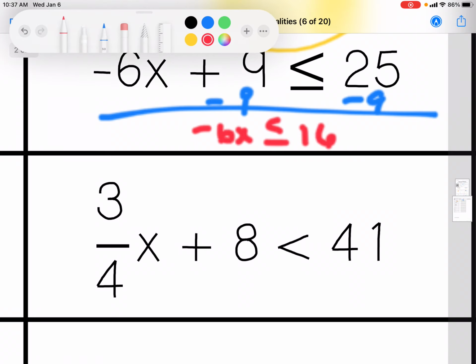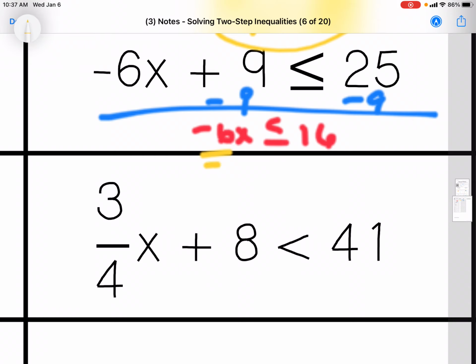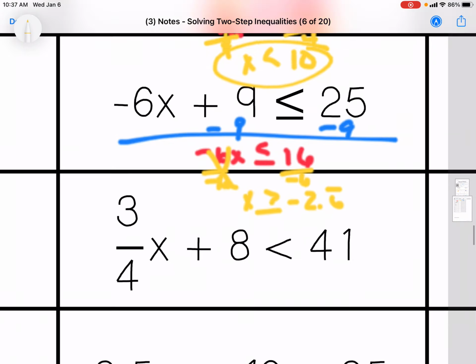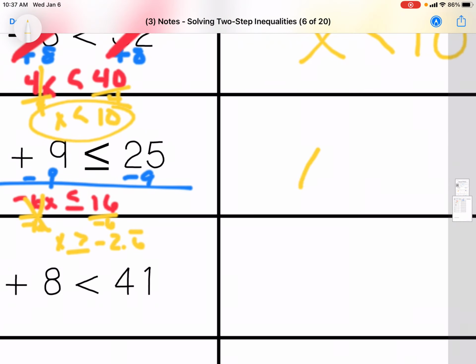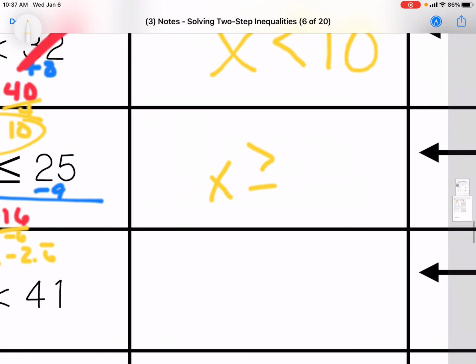You are going to divide by a negative 6. Alert, alert. You crossed it and you divided by a negative. So guess what happens to the sign? It flips. And that is negative 2.6 repeating. So x is greater than or equal to negative 2.6 repeating.